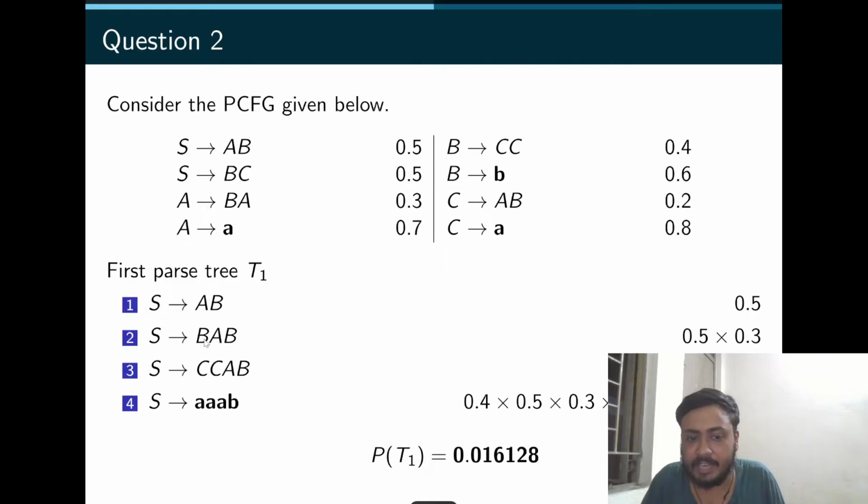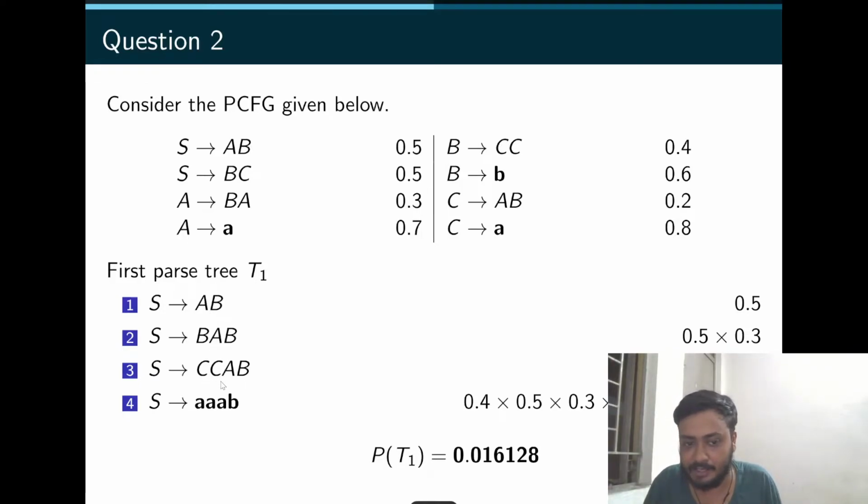And once we have done A gives BA, we don't have any other choice except doing the rule B gives CC to get the string in this format. So because we have to get the string in this format, there are some constraints as to which rules we can apply and which we cannot. So because we have chosen this rule first, S gives AB, and then we have chosen A gives BA, after that there are no more choices.